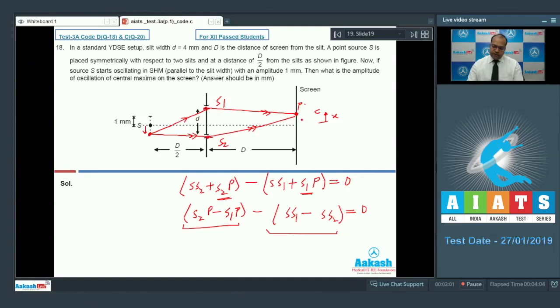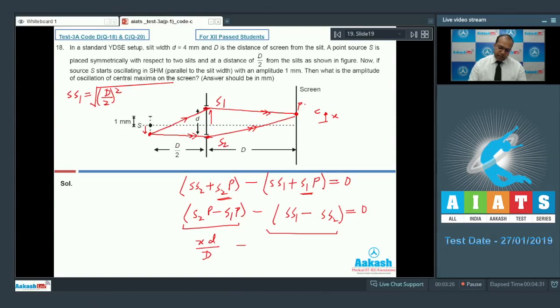We know that if this separation is x, this is d, this is capital D, then the path difference S2P minus S1P can be written as xd by capital D, which is a standard form. Now SS1 I can write in this way. SS1 is equal to under root of (D by 2) whole square plus the other separation squared, because this separation is D by 2.